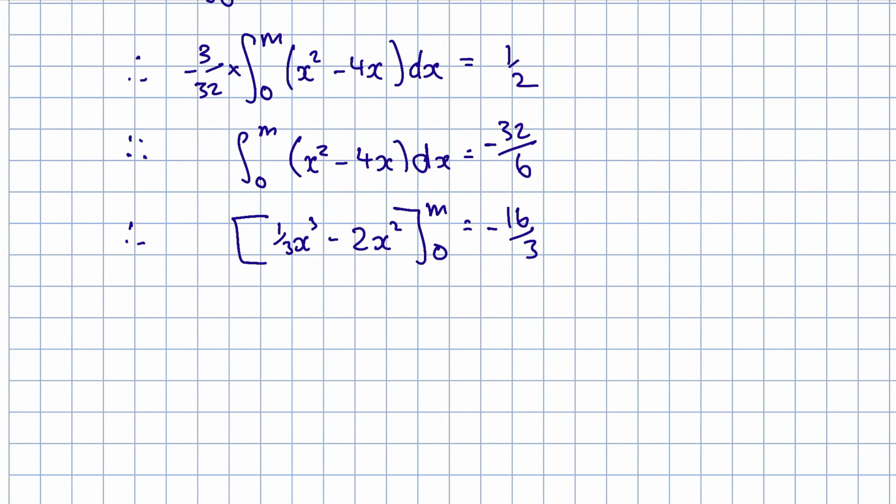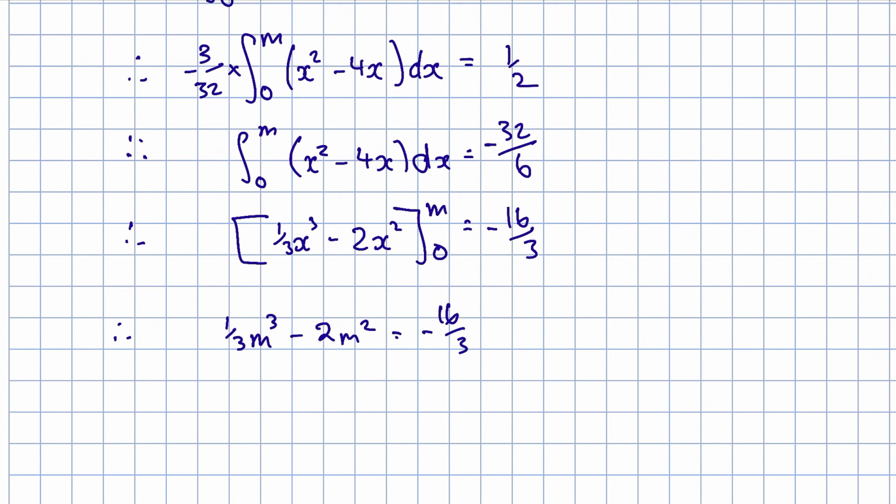Therefore we've got 1/3 m cubed, because what we're doing now is substituting our m into these two spots, take 2 lots of m squared, equals negative 16 over 3.